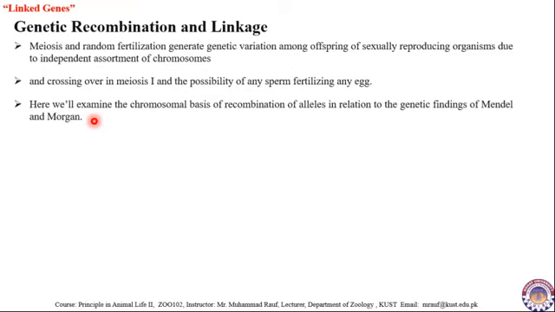In that theory, they postulated that the behavior of chromosomes is parallel to the behavior of Mendelian factors. So here we are going to examine the chromosomal basis of recombination, that is, what happens at the chromosomal level and how the recombination of alleles takes place.